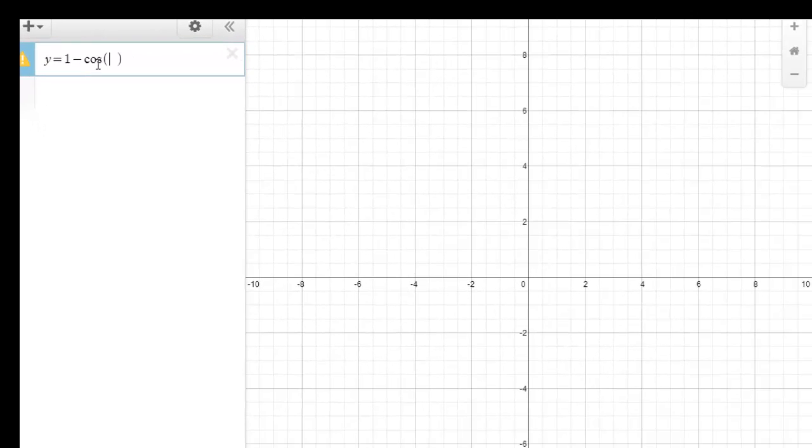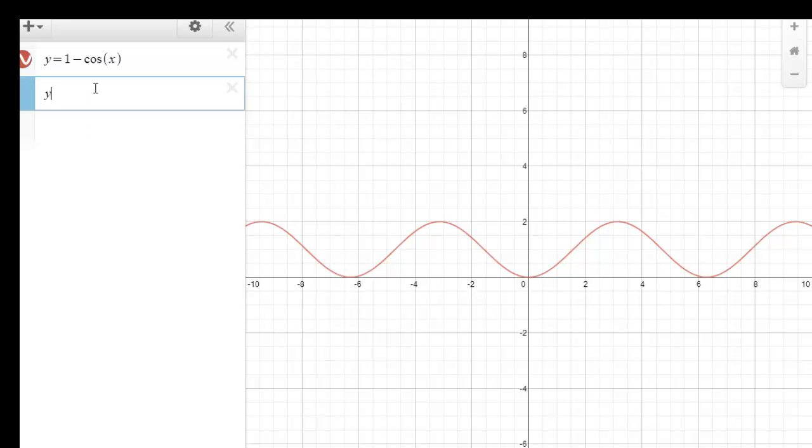So here we are in Desmos, and you can type in the original equation, which was 1 minus cosine theta. So y equals 1 minus cosine theta, or let's use x, and then the next equation is y equals 1/2.